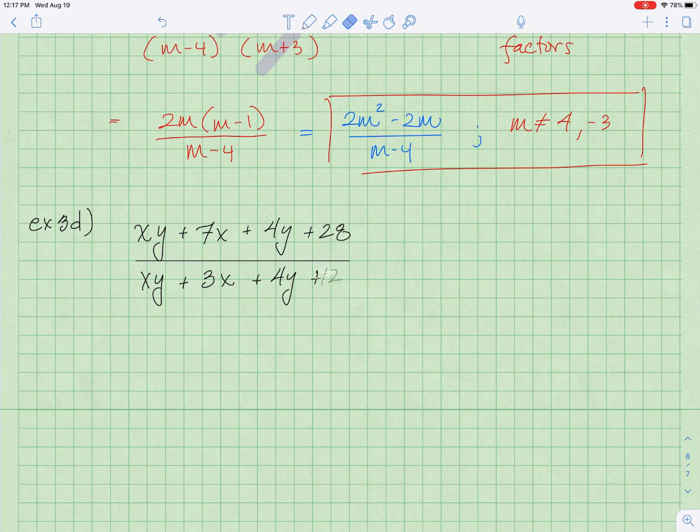This particular expression has more than one variable. So we might have restrictions on both variables, but we don't know. So again, the first thing that we should do here is factor.